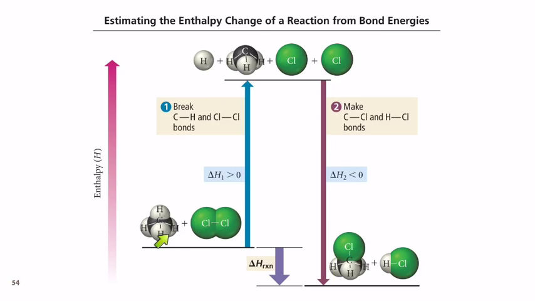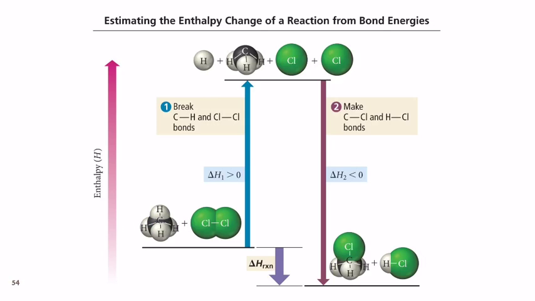In order for us to take these two structures and make them into these two structures, we have to pull one of these hydrogens off. We have to separate those two chlorines. And then we're going to put the chlorine on here, making a carbon-chlorine bond, and we're going to put the hydrogen on here. Think of making Legos, or think of this as being funky Tinker Toys, right?